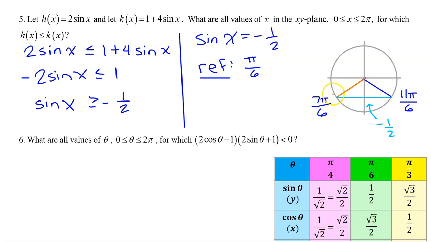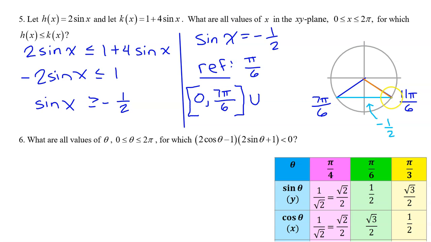Let us pick up where we left off. After 7 pi over 6, we no longer have solutions because the vertical displacement, the y value, is now below negative 1/2. We are below the horizontal line. So we will have no solutions between 7 pi over 6 and 11 pi over 6. Solutions begin again right at 11 pi over 6, where the vertical displacement is exactly negative 1/2.